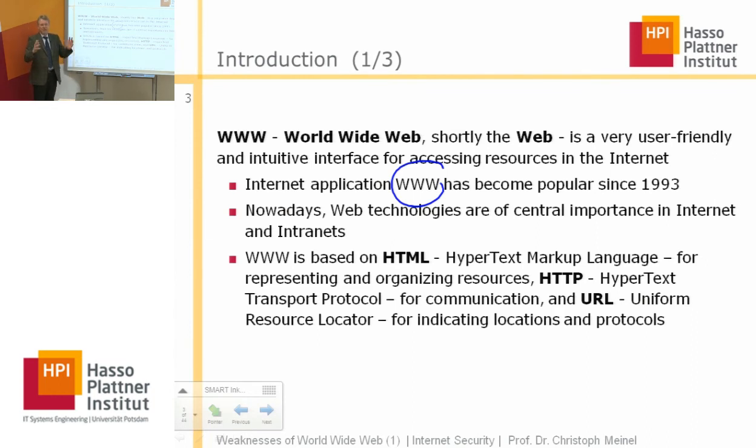The World Wide Web, you know this, has three basic columns. There is the HTML, the hypertext markup language, which is used to describe the resources of the World Wide Web. Then we have, as a second column, the HTTP, the hypertext transfer protocol, the protocol that is used for transferring web resources over the internet, making them accessible.